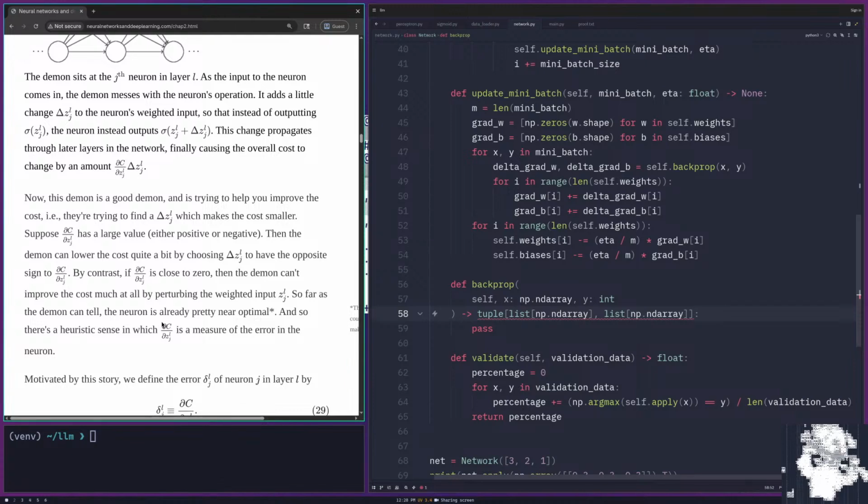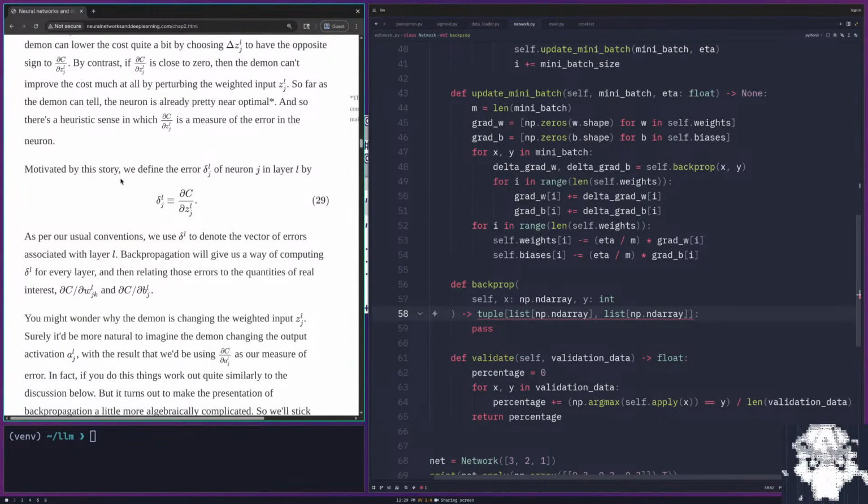If it's low, then it's not that important. That means you can change it a little and it's not going to change the cost very much. If it's high, then it's very important, because when you change it, the cost changes by this amount, so if this number is big, then this number will be big.